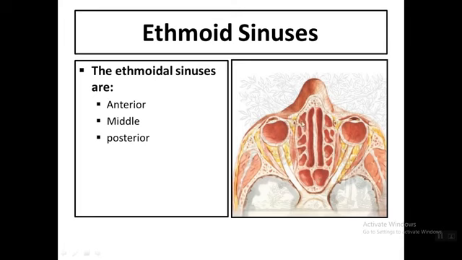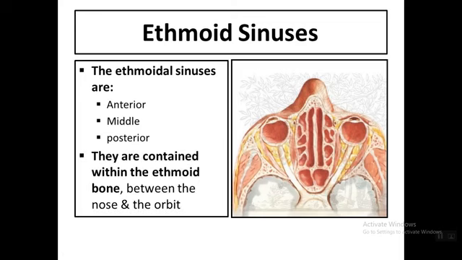They might be called ethmoid air cells. They are contained within the ethmoid bone, situated between the nose and the orbit.